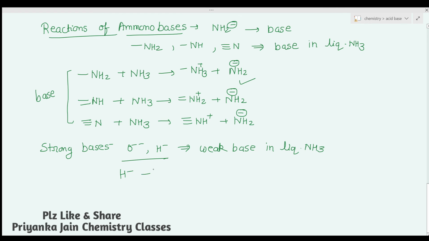If it is treated with NH3, then it is forming NH2− plus H2. Similarly, if you are treating oxide O2− with NH3, it is forming OH− plus NH2−. Okay, so these all are acting as the base but weak base in the liquid NH3.